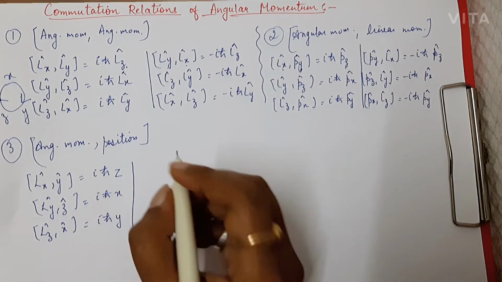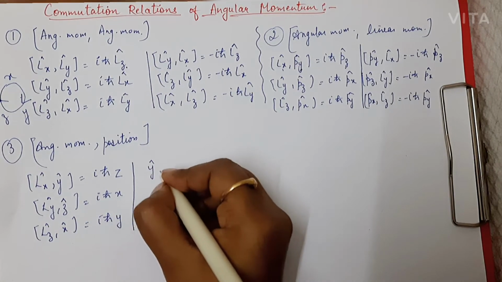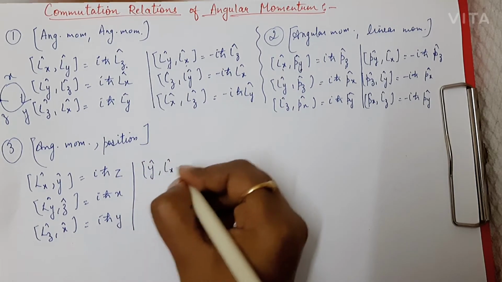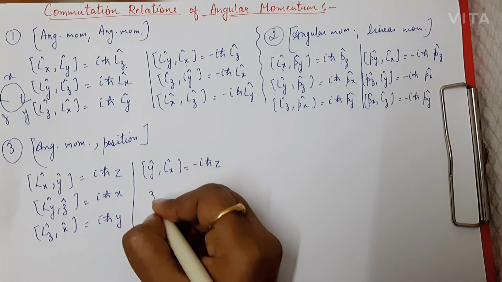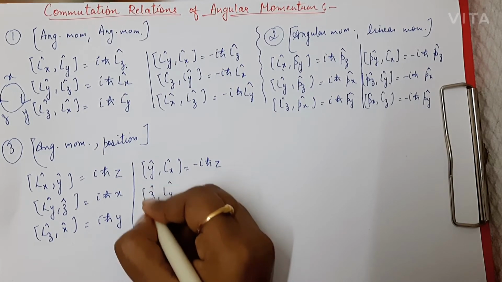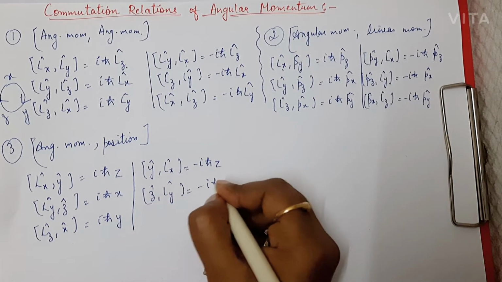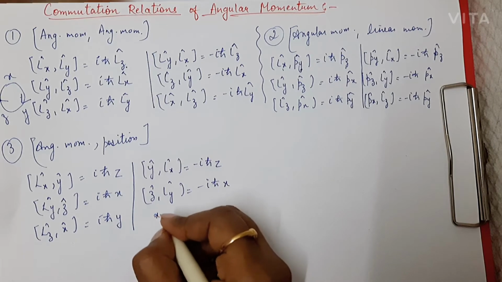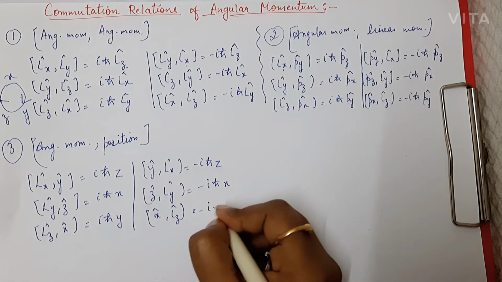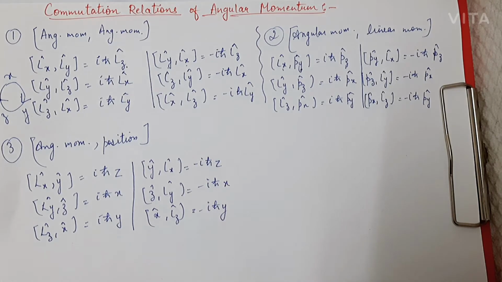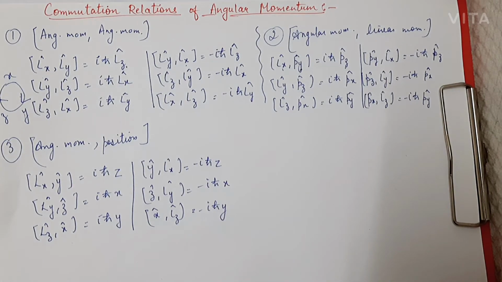Now if you want to find the opposite of them, that is y Lx, it will be minus iota h cross z. Now z with Ly will be minus iota h cross x. X and Lz will be minus iota h cross y. So these are some of the generalized results.